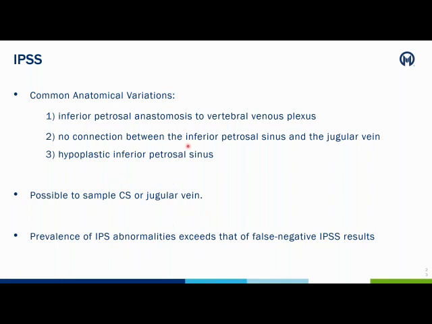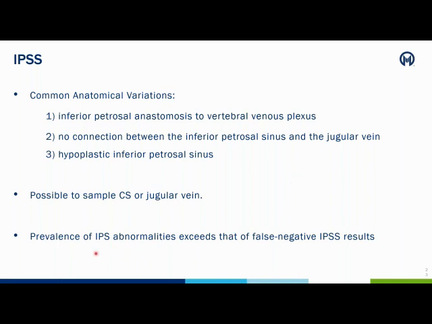Sometimes there is no connection between the inferior petrosal sinus and the jugular vein, or there is a hypoplastic inferior petrosal sinus, meaning they're very small or asymmetric, which can also create challenges in the sampling of some patients. There's also the possibility of using the sample from the cavernous sinus or jugular vein, but the current literature suggests that the sensitivity of jugular vein sampling is much lower, ranging from the high 60s to low 80% compared to the high 90s for the inferior petrosal sinus sampling.